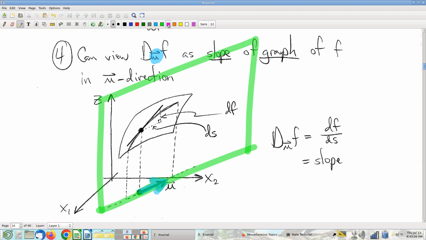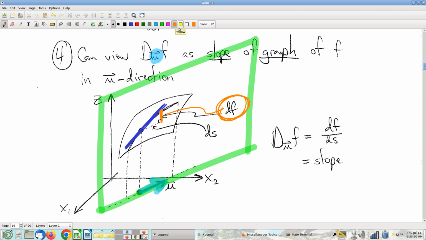And if you think about what happens as it cuts through the graph like that, there's going to be a tangent line, and what is its slope? Well, it's the rise over the run. The rise being how much has the function changed, and the run.